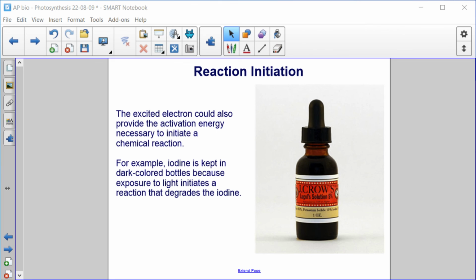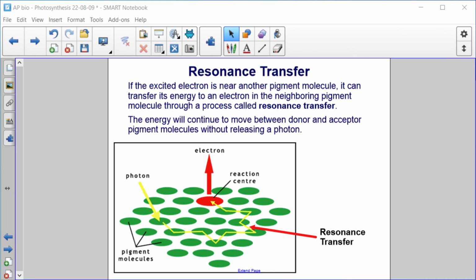Resonance transfer. If the excited electron is near another pigment molecule, it can transfer its energy to an electron in the neighboring pigment molecule through a process called resonance transfer. The energy will continue to move between donor and acceptor pigment molecules without releasing a photon.